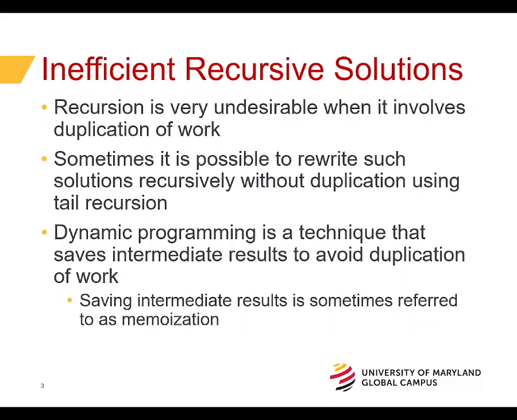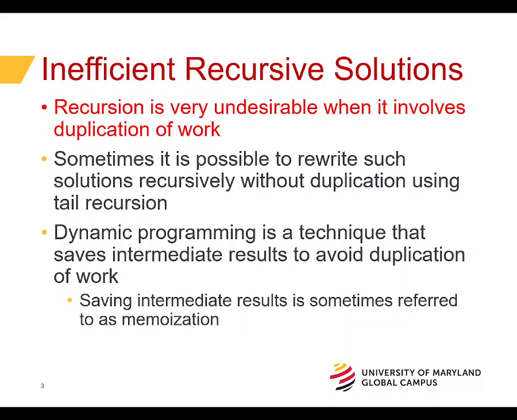One of our implementations for counting the terms of the Fibonacci sequence illustrated the possibility that recursive solutions can be very inefficient. So now let's consider the general characteristics of such problems. One clear indicator that a recursive implementation will be inefficient is when it involves duplication of work.